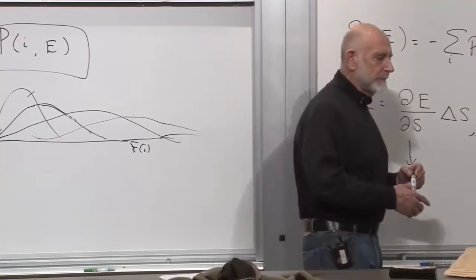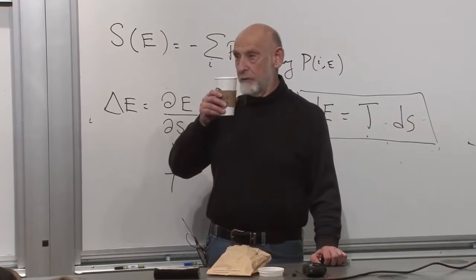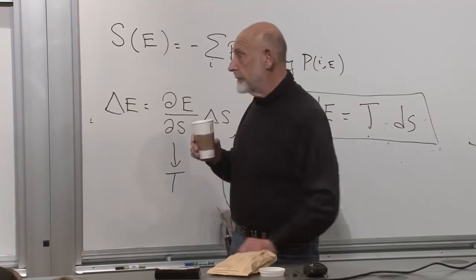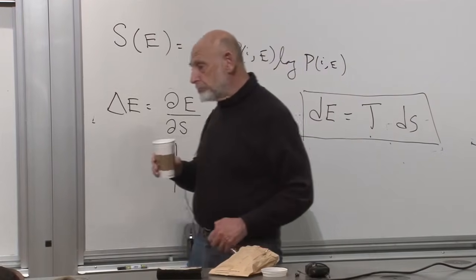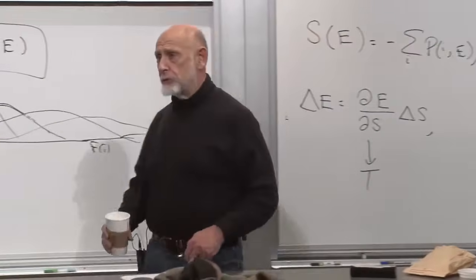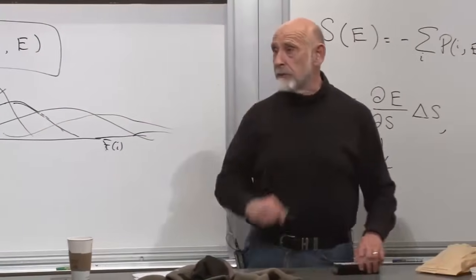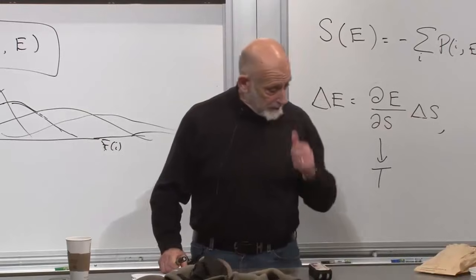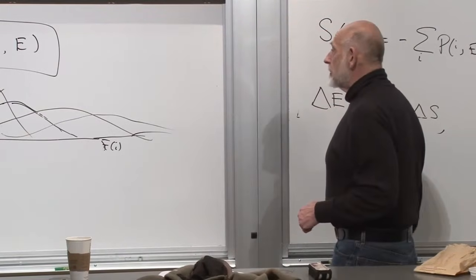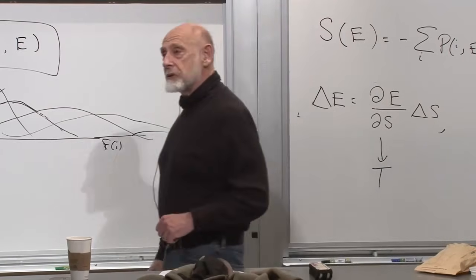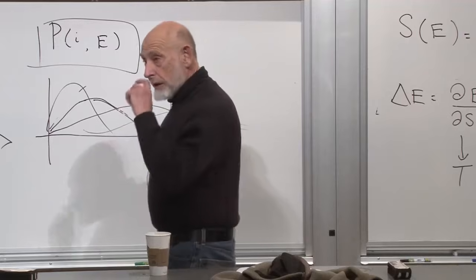So we have that the entropy is a function of energy. And what you're saying is that it's invertible. Is that obvious? It's not obvious, but it's usually true. There are counterexamples. I would also say it is typical of normal physical systems that the entropy and the energy are monotonic.